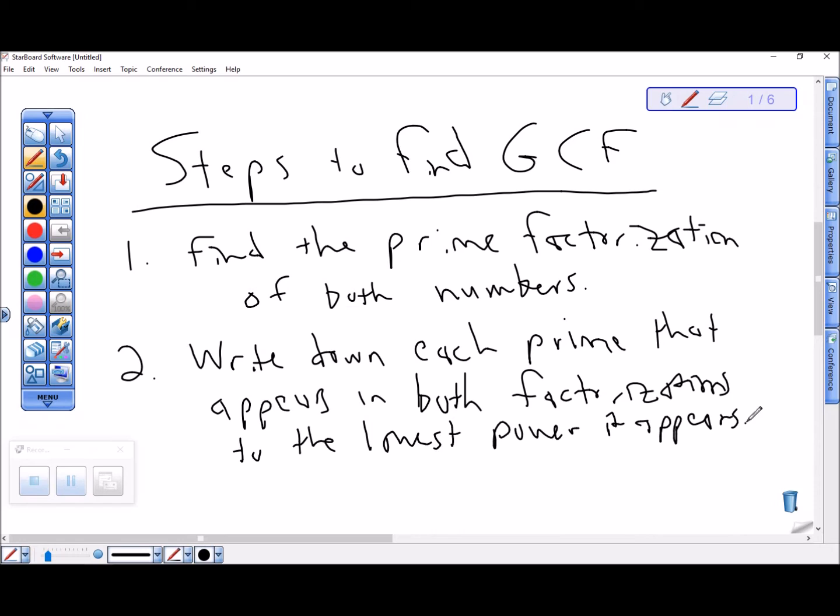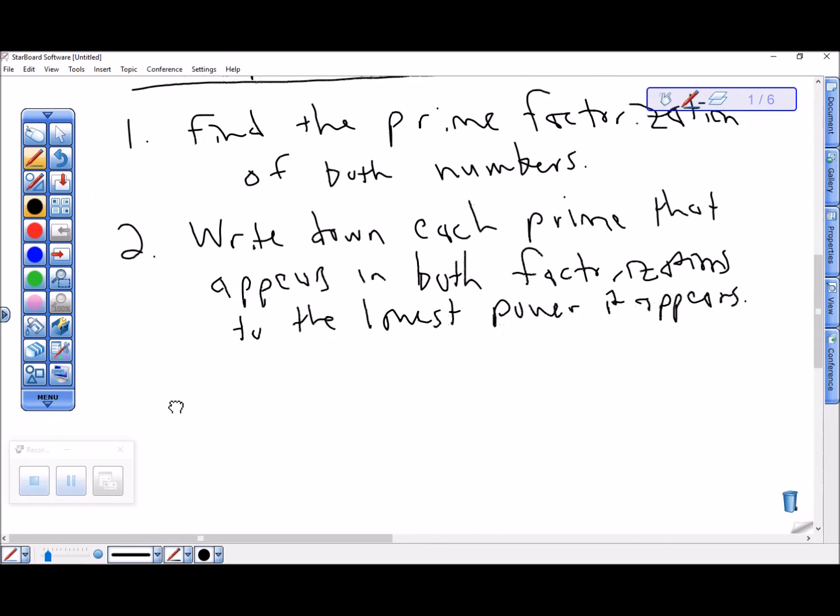The idea here is if it's going to divide both of them, it has to be a factor of both of them, right? So if we write down each prime that's in both to the smallest power it appears and multiply those together, that should be our greatest common factor.